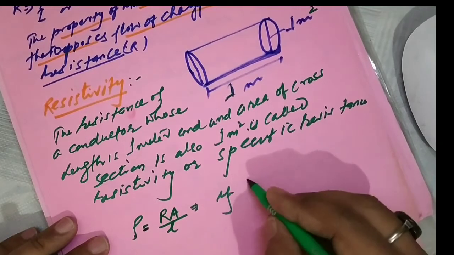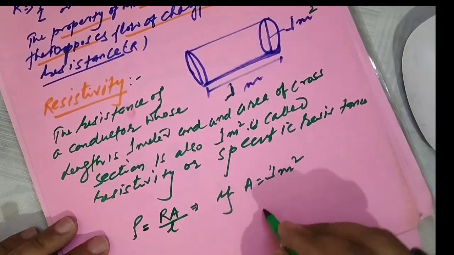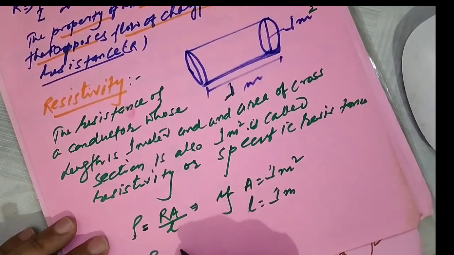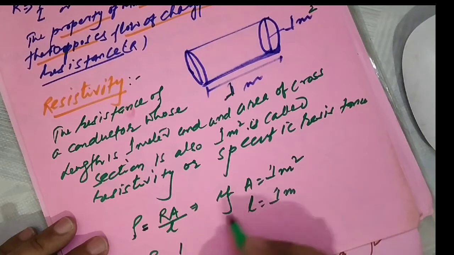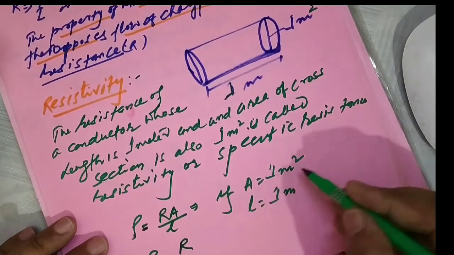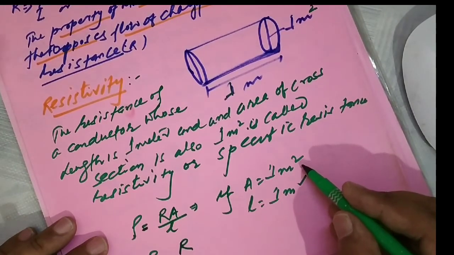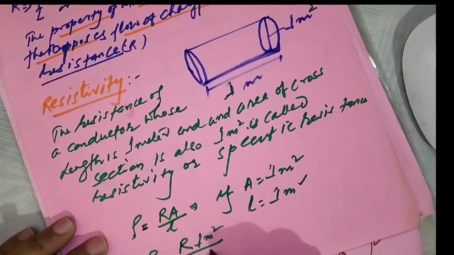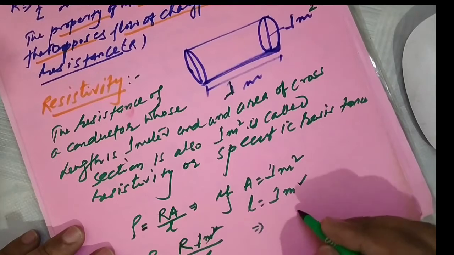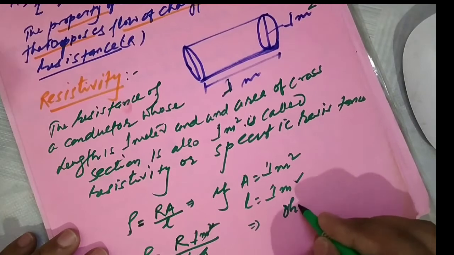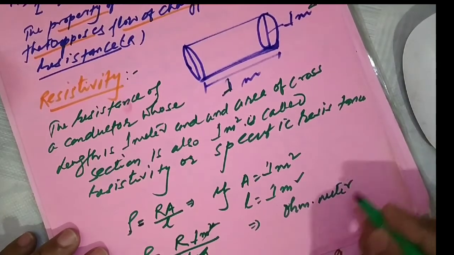Suppose that A is 1 meter square and length is 1 meter, then it is the special case of resistance when the length is 1 meter and area of cross section is 1 meter square. If you want to find out the unit, it will be ohm into 1 meter square upon 1 meter, so meter cancels out.